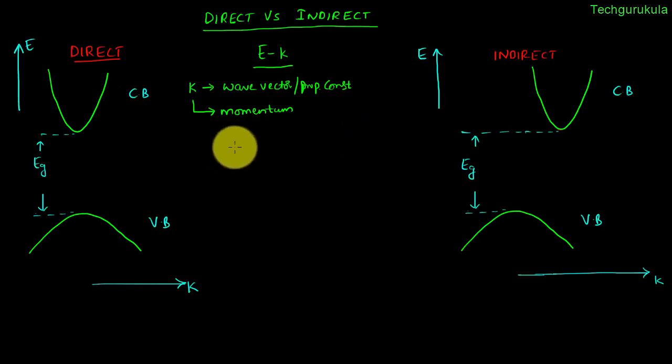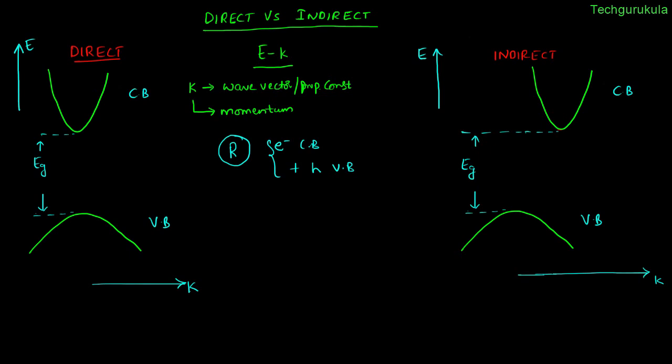We know very well about recombination, where we have an electron from conduction band combining with a hole in valence band, and this process is called recombination. Let us see how the recombination happens in direct bandgap semiconductor, and then we'll compare with indirect bandgap semiconductor. We will see the difference. Basically, the difference is in terms of the recombination of carriers itself.